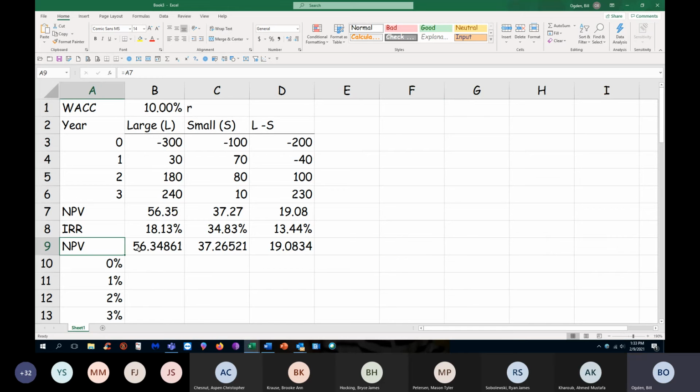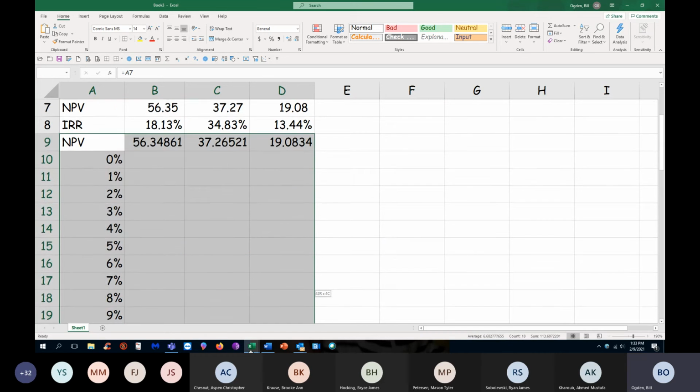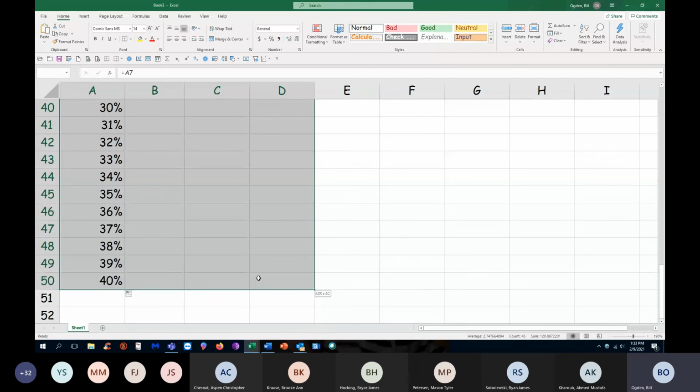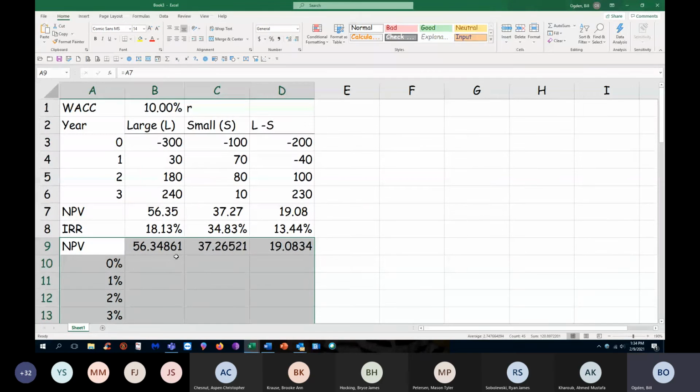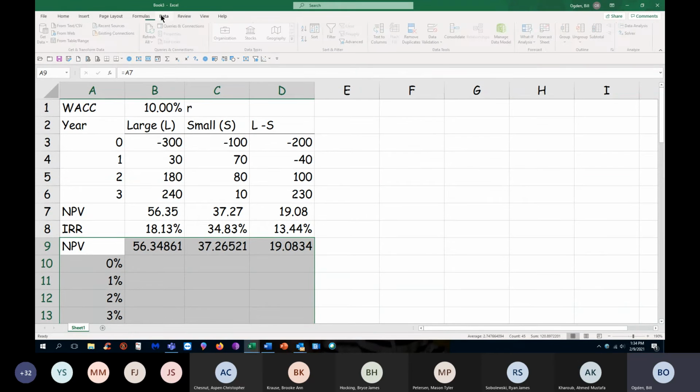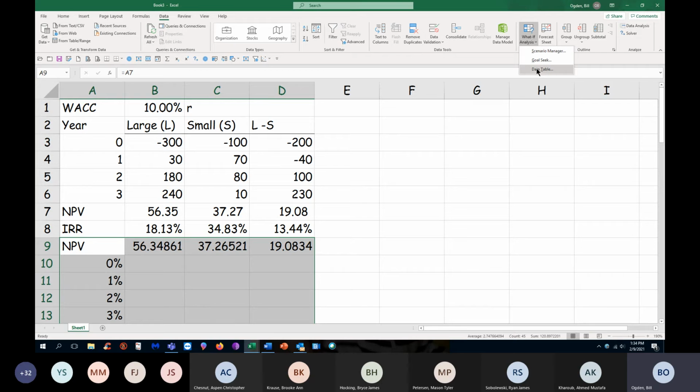And if that doesn't work for you, you can just highlight the whole range. We can do that too. Doesn't take that much more time. Highlight this area. All right, and then if you go into data, there's something called what-if analysis, and there's something called data table.